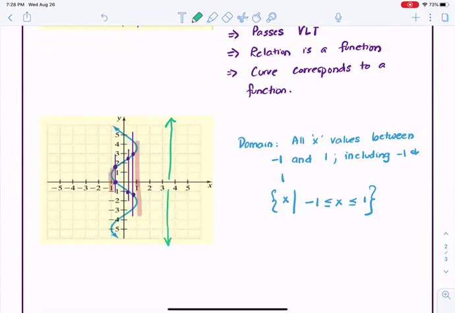So every single value on the y-axis will be covered in the positive side. Every single value on the negative axis of y is also covered. So the range is from -infinity to +infinity. So it would simply be all real numbers.